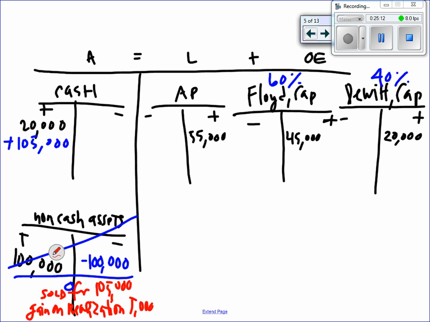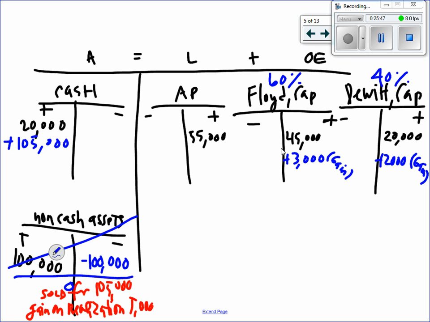Take 5,000 times 0.6, and that is what? 3. Yep. So Floyd gets $3,000, and if you want to put gain next to that, go for it. You maybe can figure out the rest real quick. I'll just show you. DeWitt gets $2,000 from his share of the 40% of the gain.